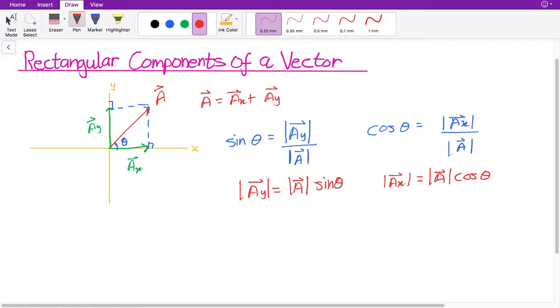And this is a really important relationship, and we can actually further find a relationship between this angle theta and the two components.